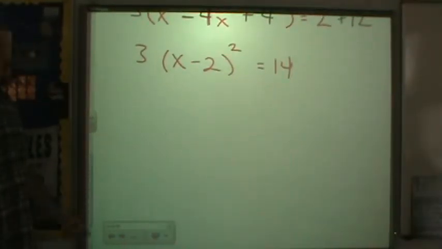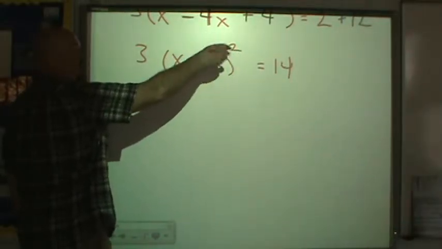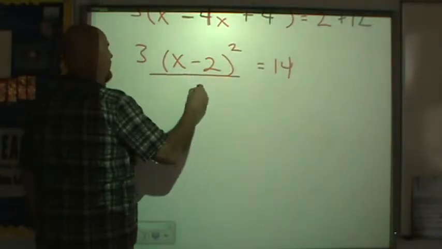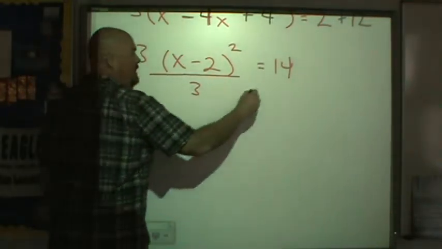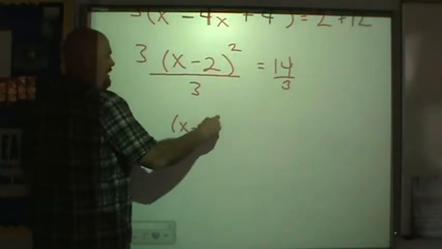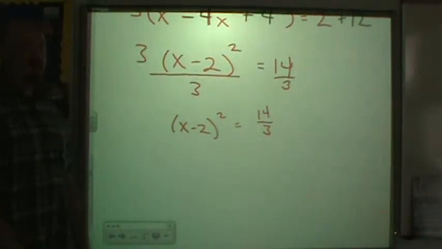Now let's keep going. Let's solve this. It's going to get messy, but we're going to do it. Okay? Because what else we got to do? So, now that I have a squared binomial for x, this is my x term right here. I want to get that by itself. I can divide this entire expression by 3, which means I have to divide this by 3. I'm in a solving mode now. So I have x minus 2 squared equals 14 over 3.